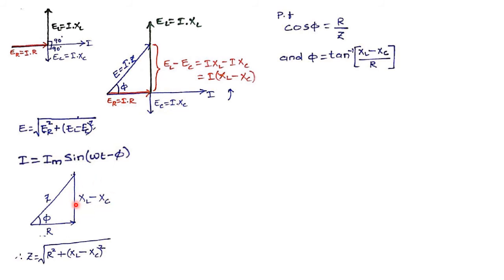Therefore, the resultant reactance of the circuit is XL minus XC. Therefore, angle phi is given as tan inverse of XL minus XC upon R. Okay. The power consumed by the circuit is P equal to VI cos phi. So P equal to VI cos phi is the general equation for power consumed in any AC circuit.